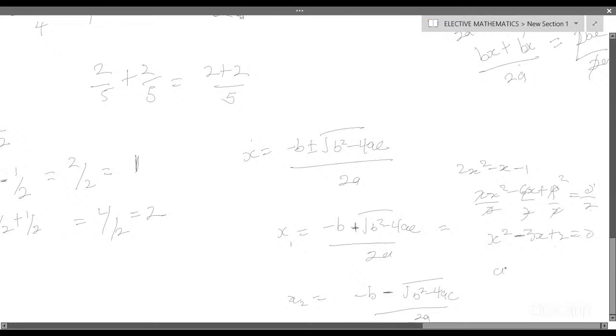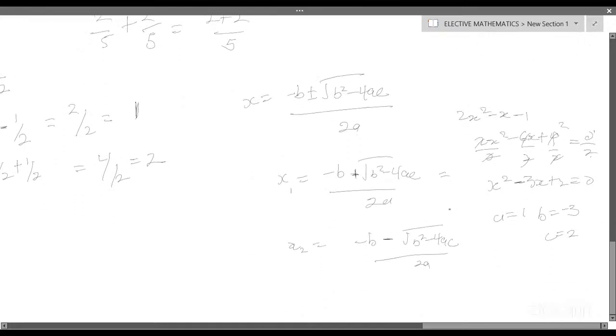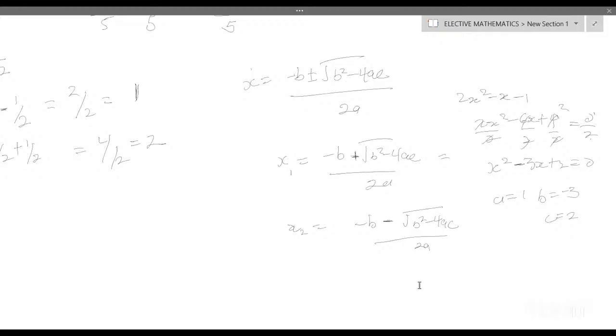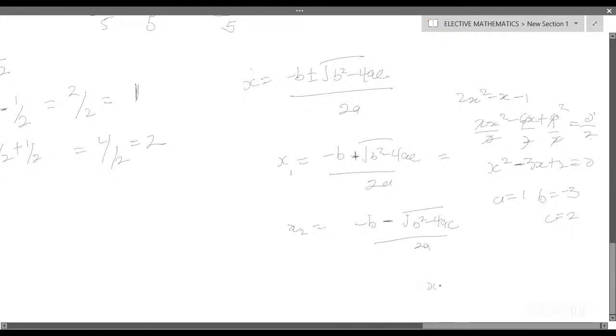So here our A is 1, our B is negative 3, our C is 2. We put in the values. In the first instance, let's take a look at it. So x1 equals minus b, what is b?